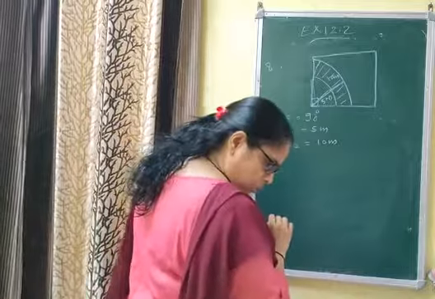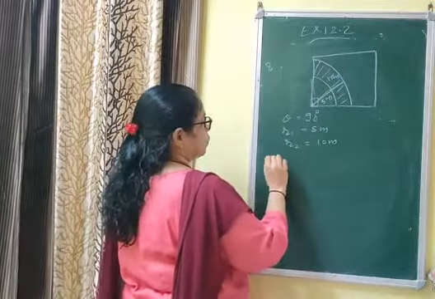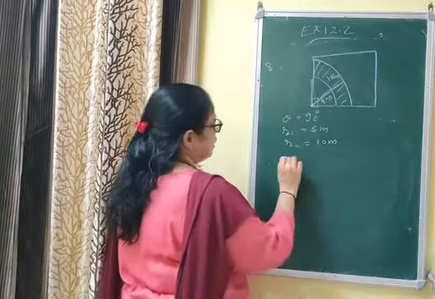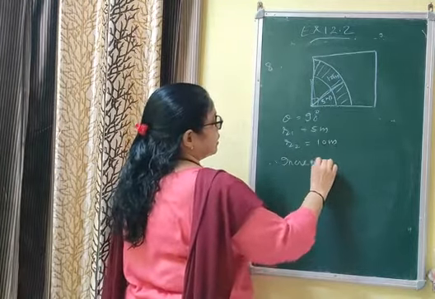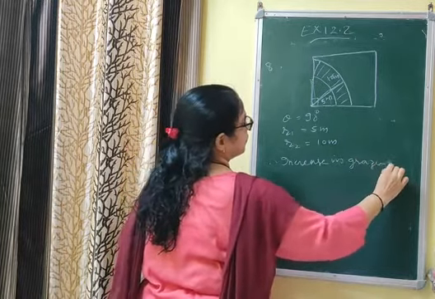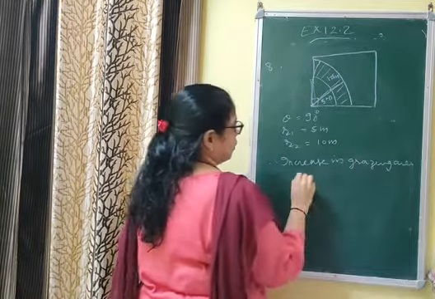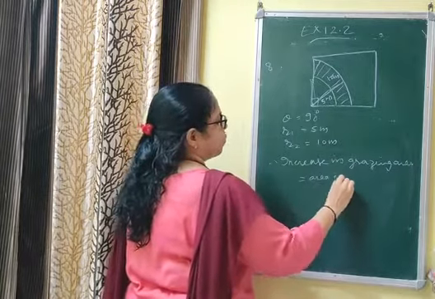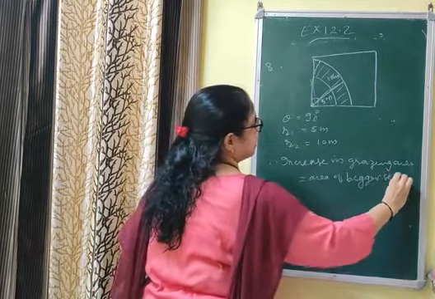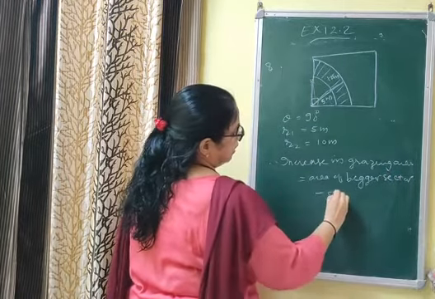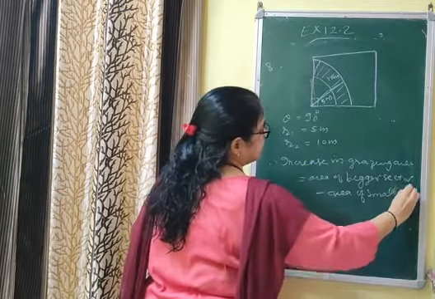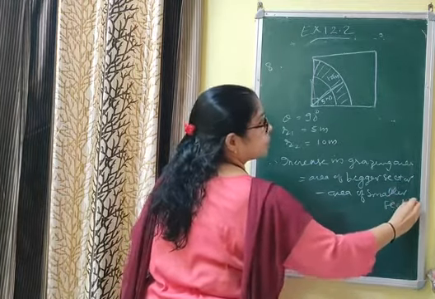Then what you are asked to find is the increase in the grazing area. Therefore, the increase in grazing area, grazing मतलब चरना, is equal to area of bigger sector minus area of smaller sector. बिगर सेक्टर में से स्मॉलर सेक्टर का एरिया माइनस करना है.